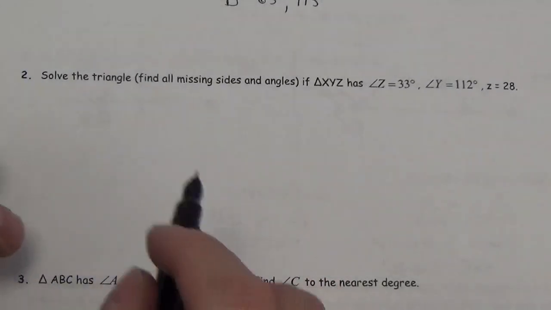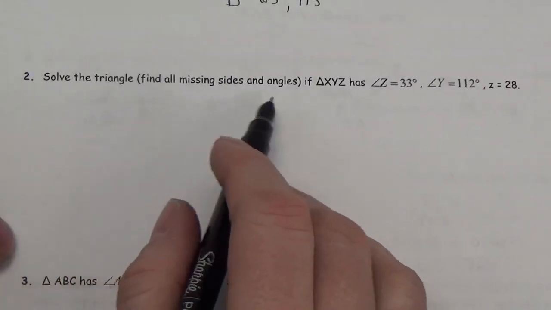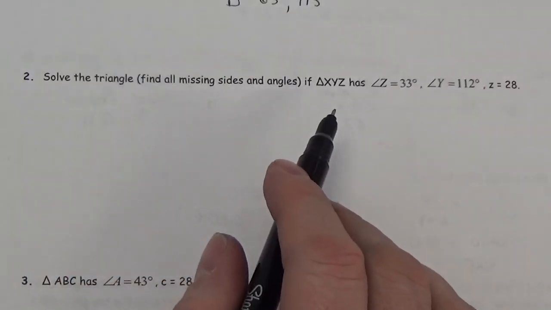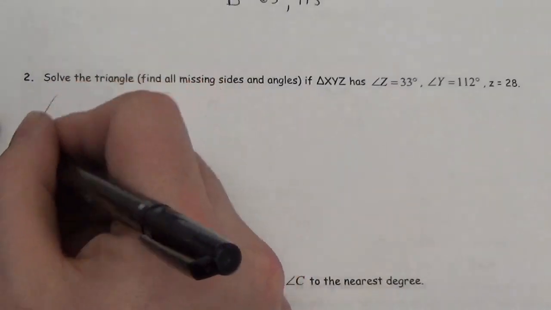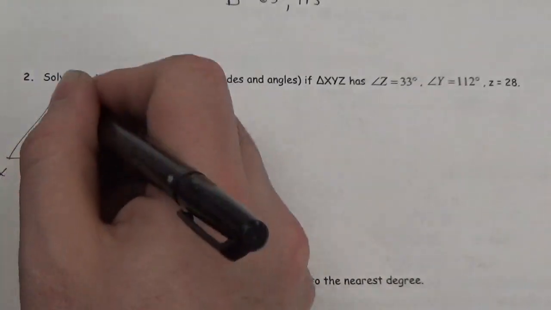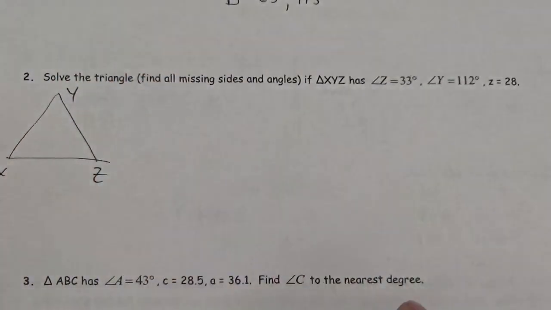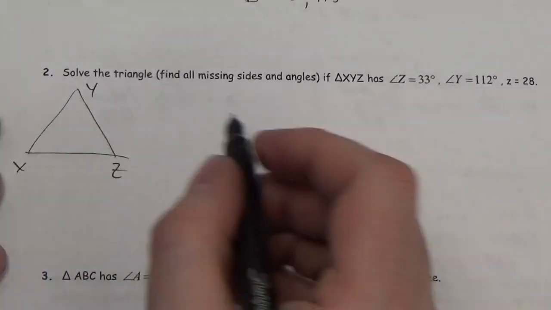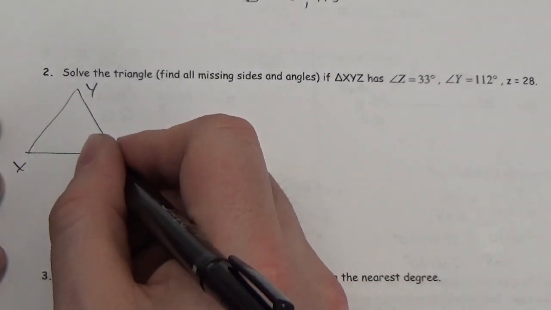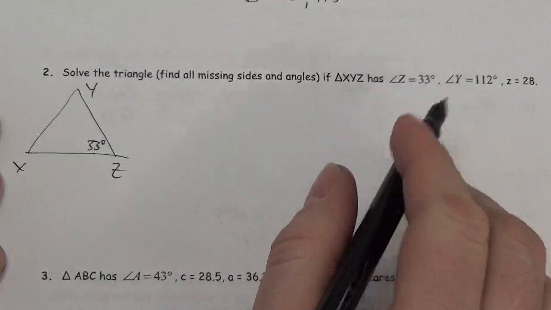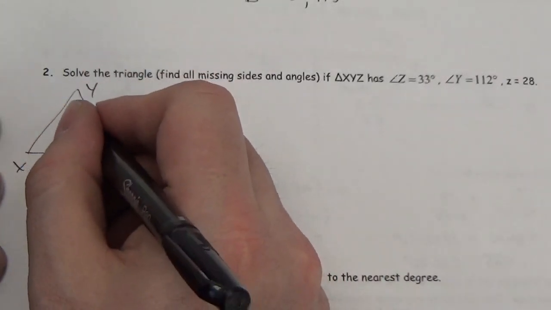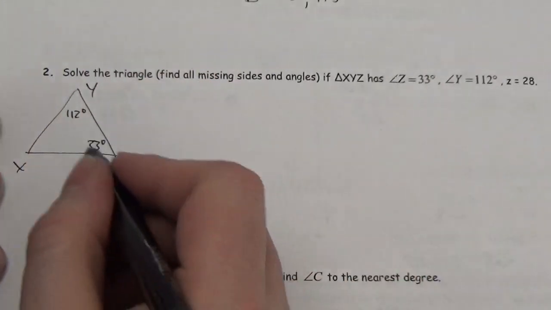Okay, so this next question here says solve the triangle, which means find all the missing sides and angles. If triangle XYZ, so let's look at that again here. Okay, XYZ, where Z is 33 degrees, angle Y is 112, and z is 28.